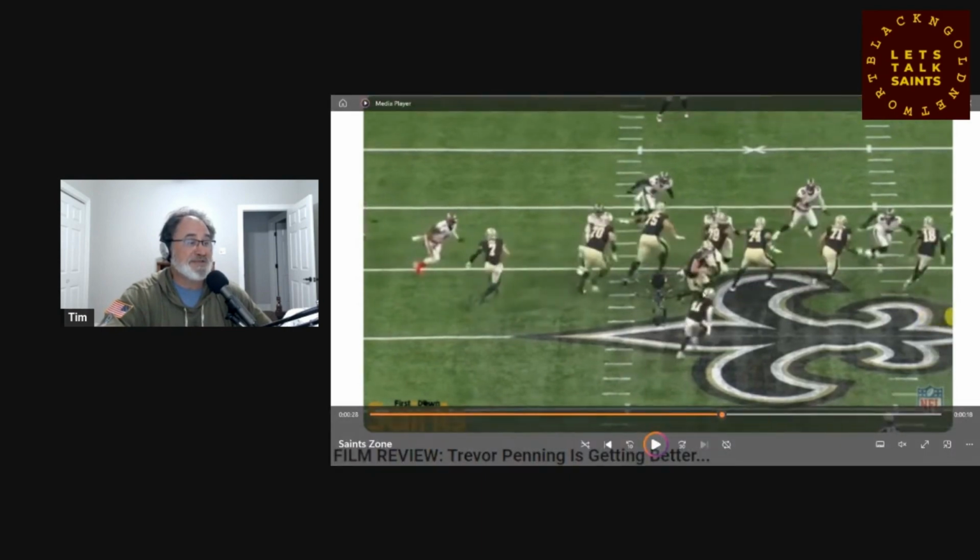And on inside zone, they're already starting to get more vertical than they are horizontal.